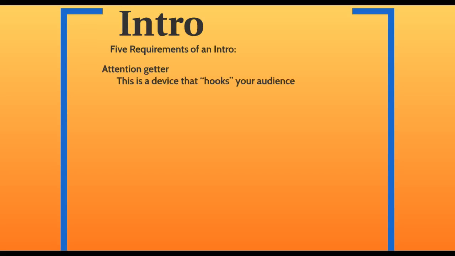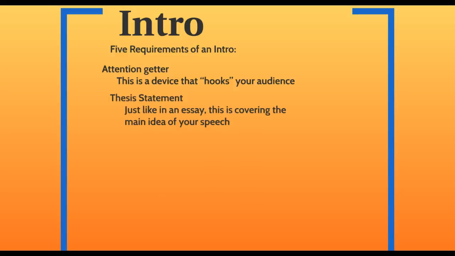First, attention getter. Like I said, I'm going to talk in a second about ways to have really creative attention getters, but you always want to start your speech with something that's going to hook in the audience, something that's going to not only give them an idea where your topic is, but also get them interested, get them engaged in what you're about to say. A thesis statement, so this is covering the main idea of your speech. We've already set this up, but obviously you do want to put this in the introduction.